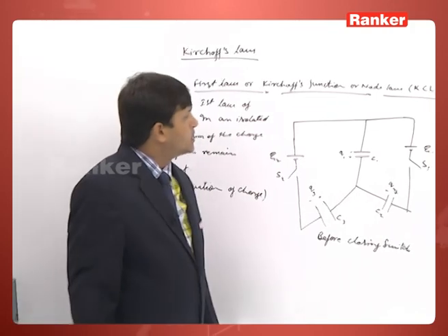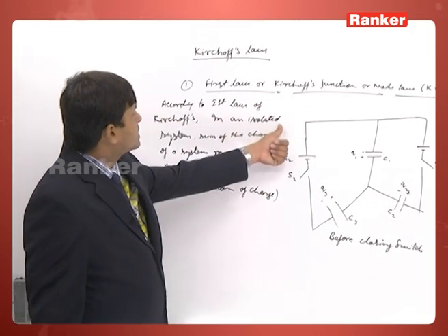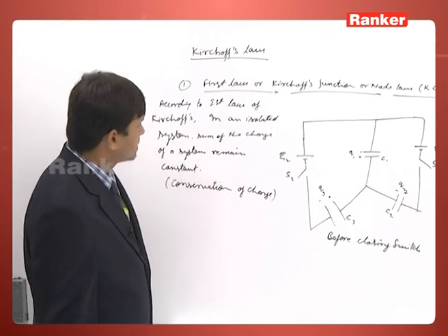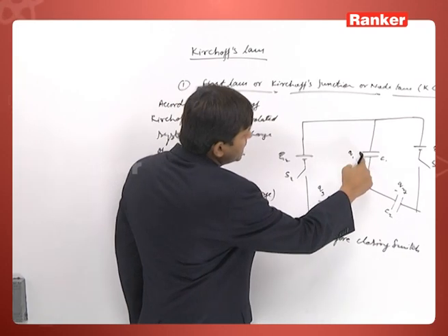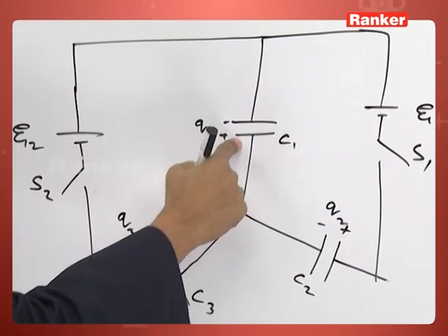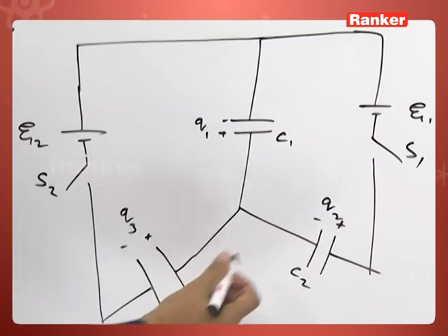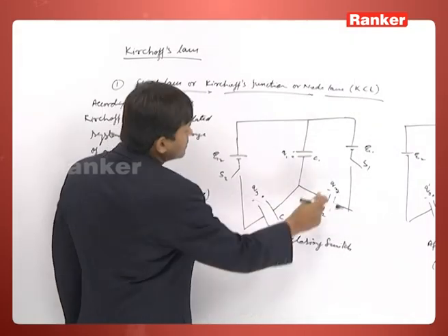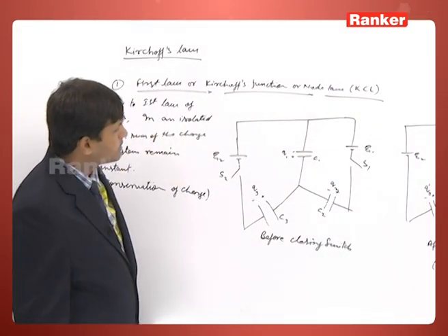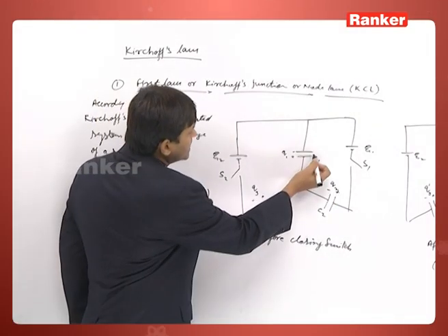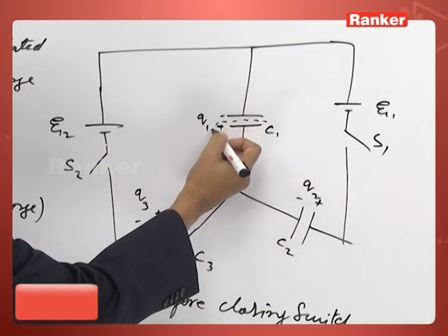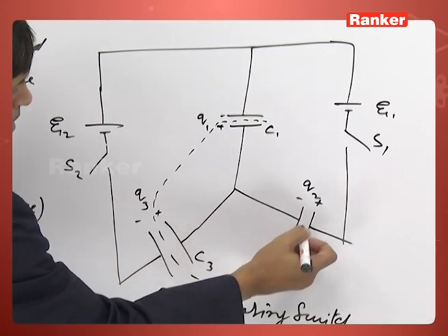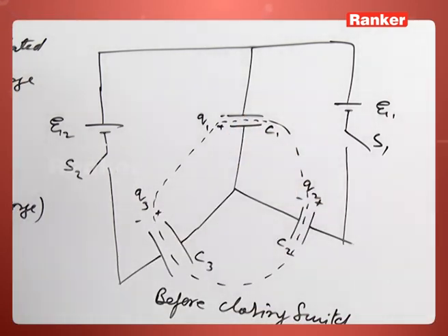Isolated system means that part of the conductor which is not connected to any other system. See here, if we look at these three plates, 1, 2, 3, these three plates are connected together only. These are not connected to any other external system. So these three plates can be taken as an isolated system.